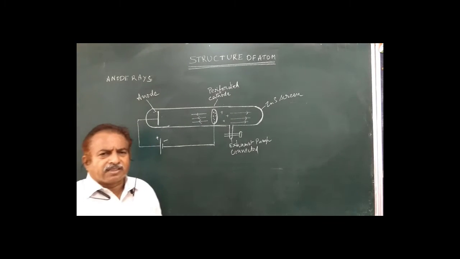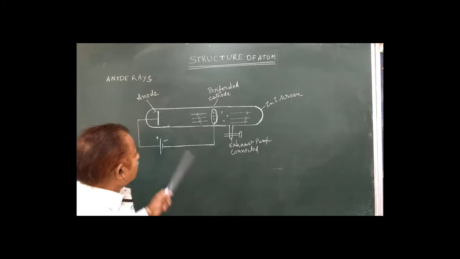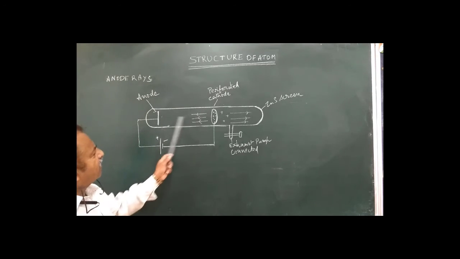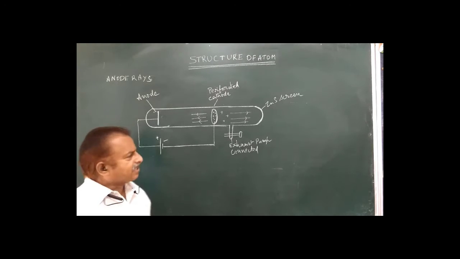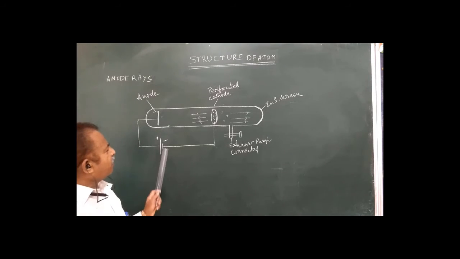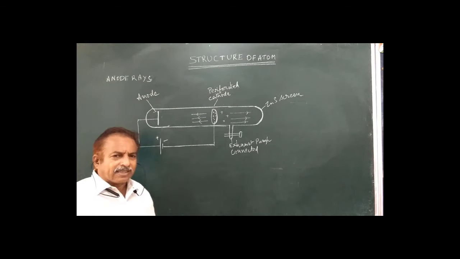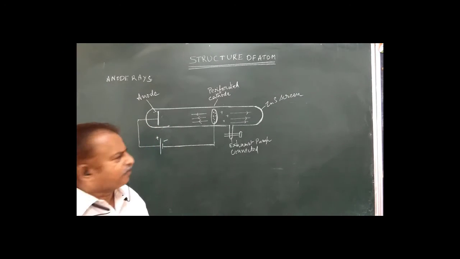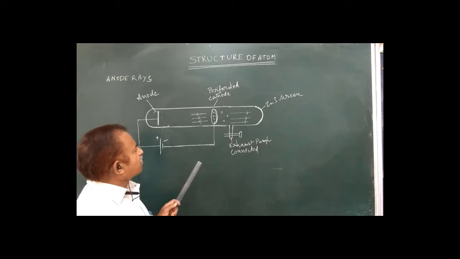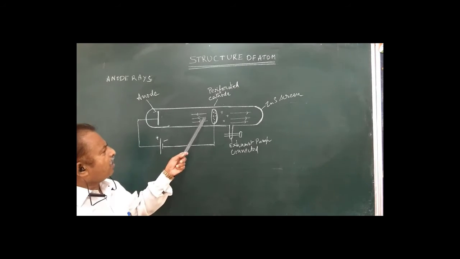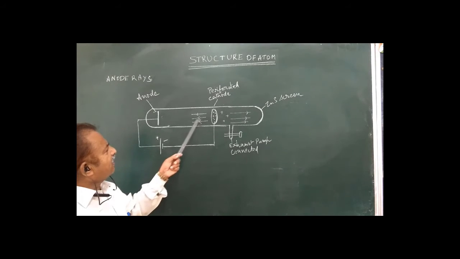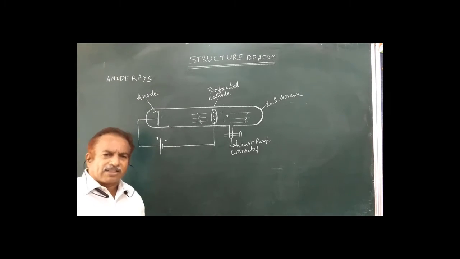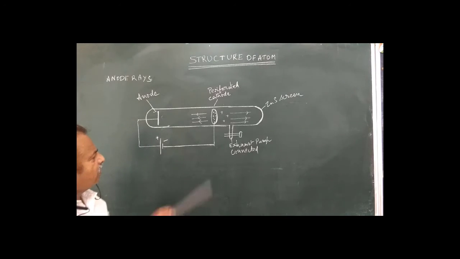Now what is the reason for anode rays? When high voltage and low pressure is applied, some gas or air is left in the tube. On the application of high voltage, the gas particles or any other air particles lose electrons. The electrons which are lost from these gas particles travel in the form of a stream, which is nothing but cathode rays, and they are electrons.